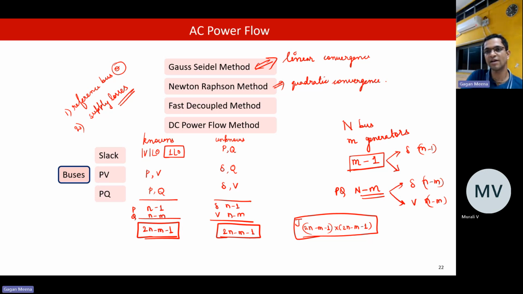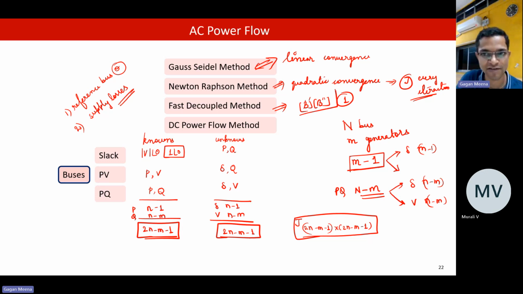In Newton's method, we update the Jacobian matrix every iteration. But in fast decoupled, it is made constant. We calculate the B dash and B double dash matrices only once, and after that they remain constant.